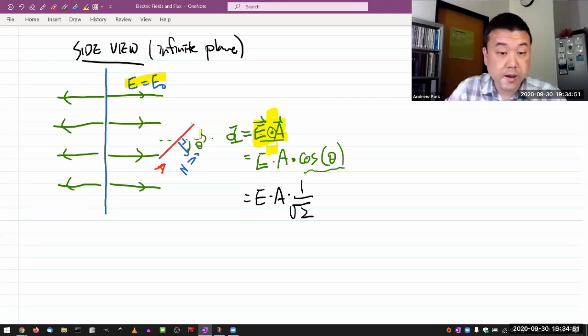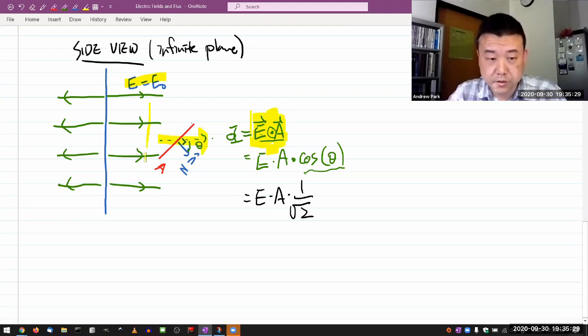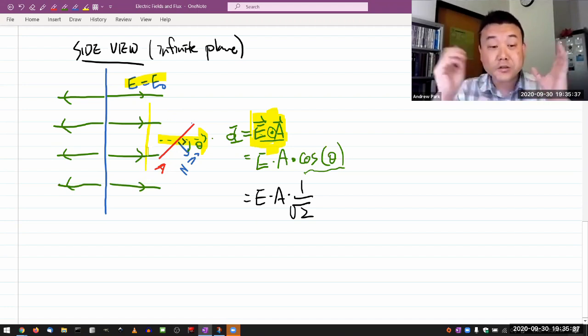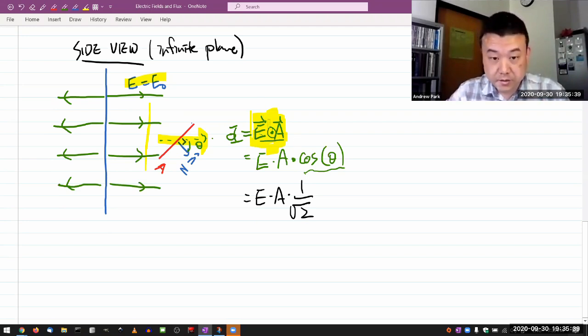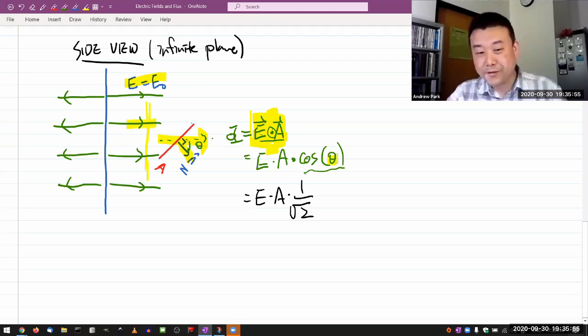When the surface is perpendicular to the electric field, then it captures the most flux, and it's captured this way because of the way we define the area as a vector. When the surface is perpendicular, theta is actually 0 because the normal vector is parallel to the field. So cosine of theta is 1. You get the maximum possible value out of the dot product.